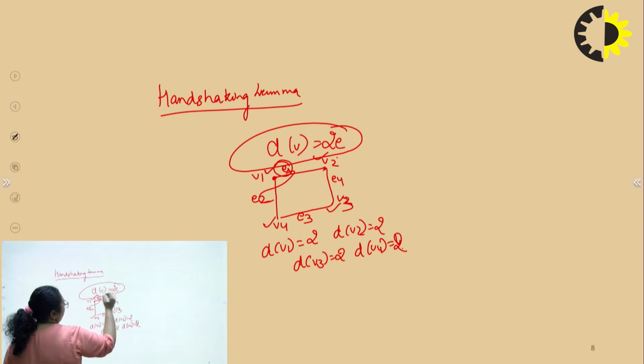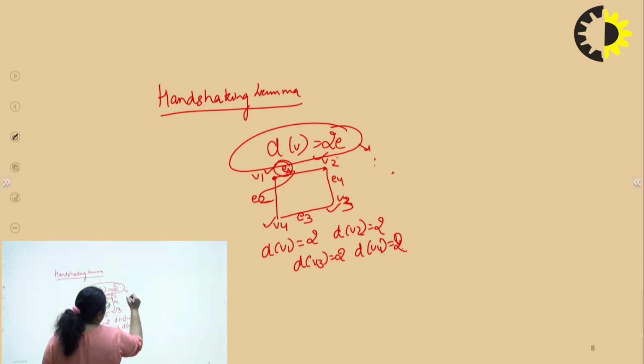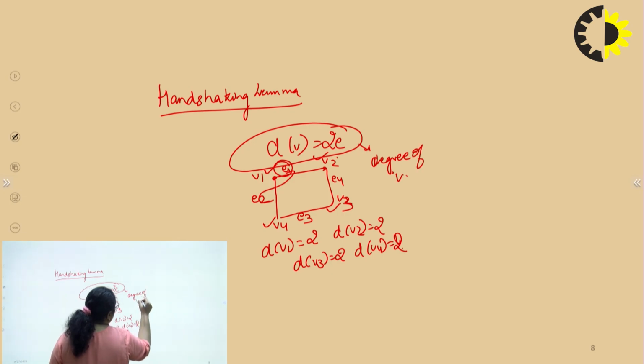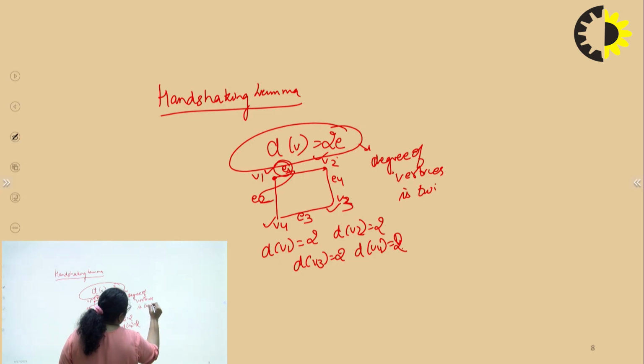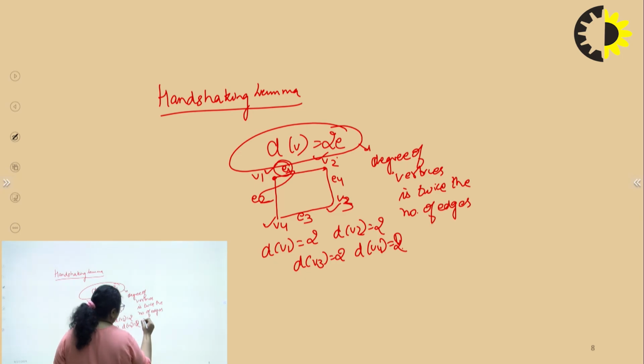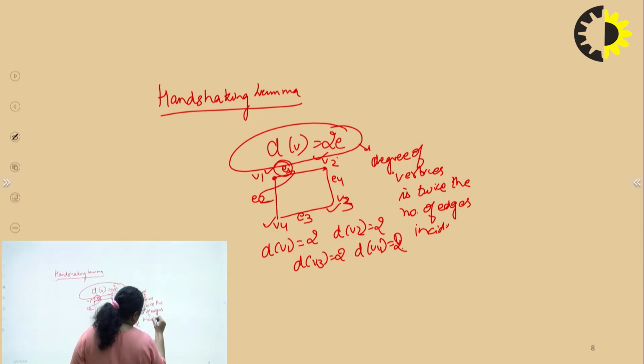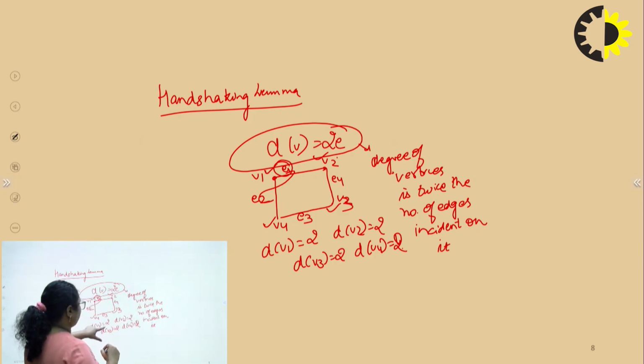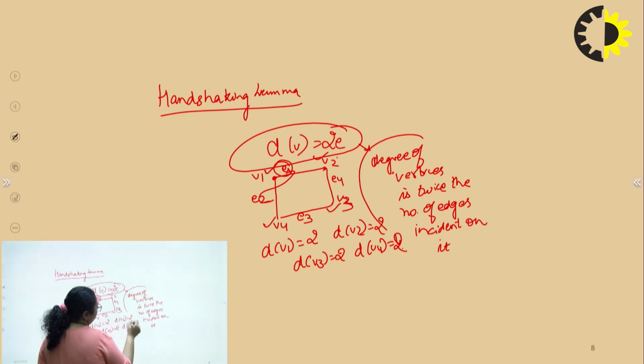That is, the statement of the handshaking lemma is that the sum of degrees of vertices is twice the number of edges incident on it. So with the help of this example, we can say that our theorem is proved.